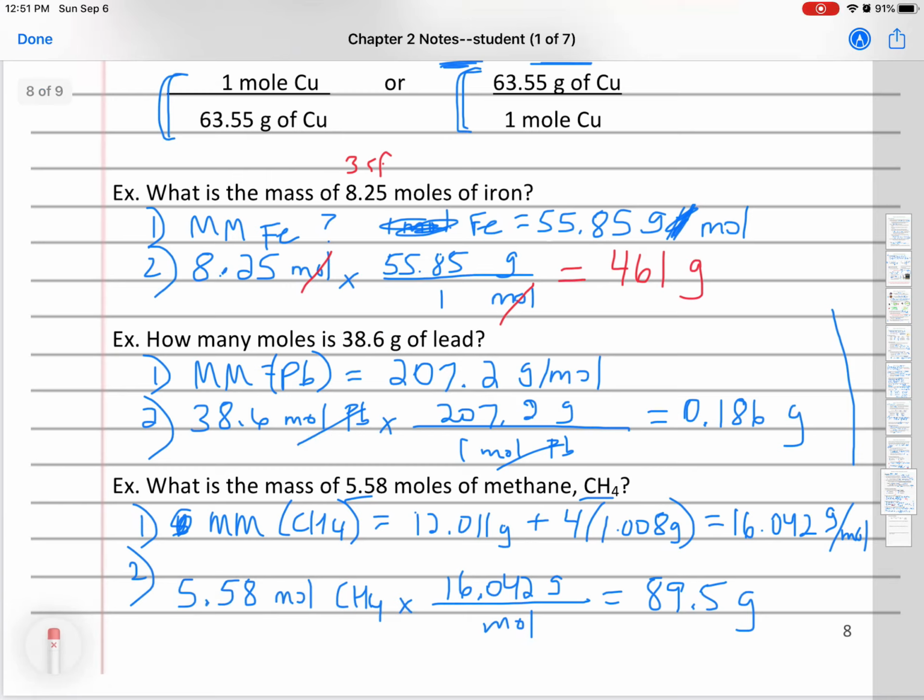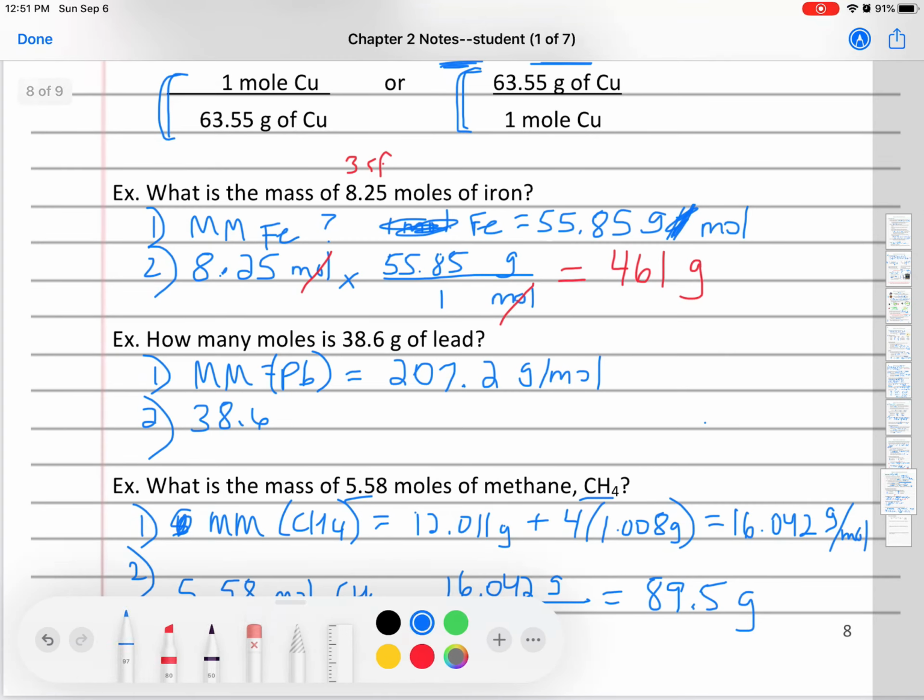So I need to redo that. I read it wrong, and I did it wrong. So my answer is actually correct because I copied that down. All right, so let's reset this up correctly. I am human too. I make mistakes in my math, and I have to go back and correct them, so don't feel bad when it happens to you.